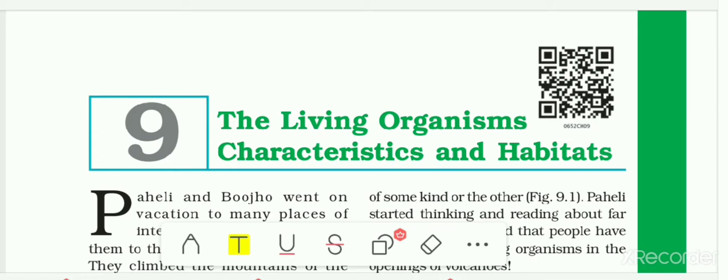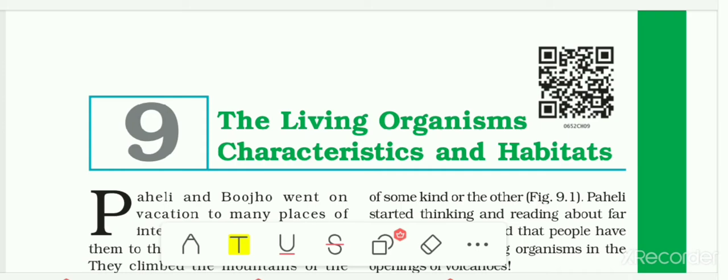Then we had seen that the two components of a habitat are biotic components and abiotic components. And we had also seen the examples of these. The living things such as plants and animals in a habitat are its biotic components.